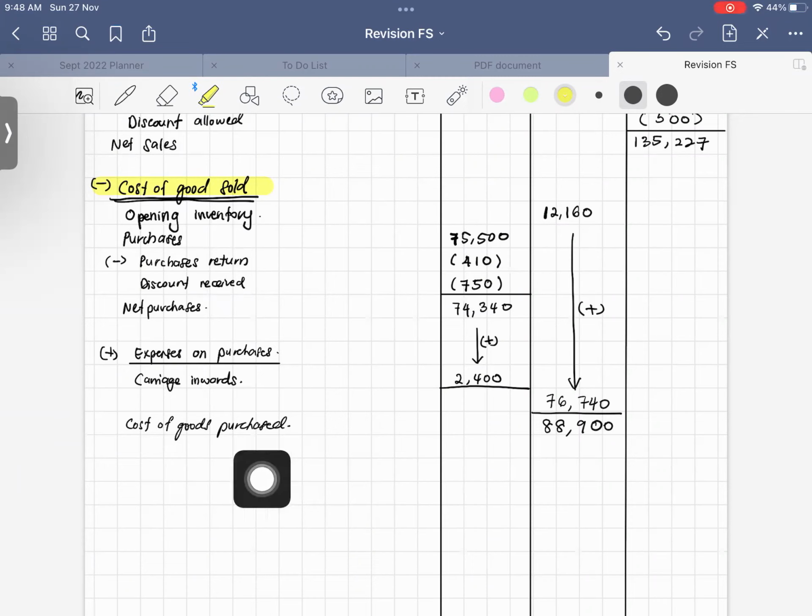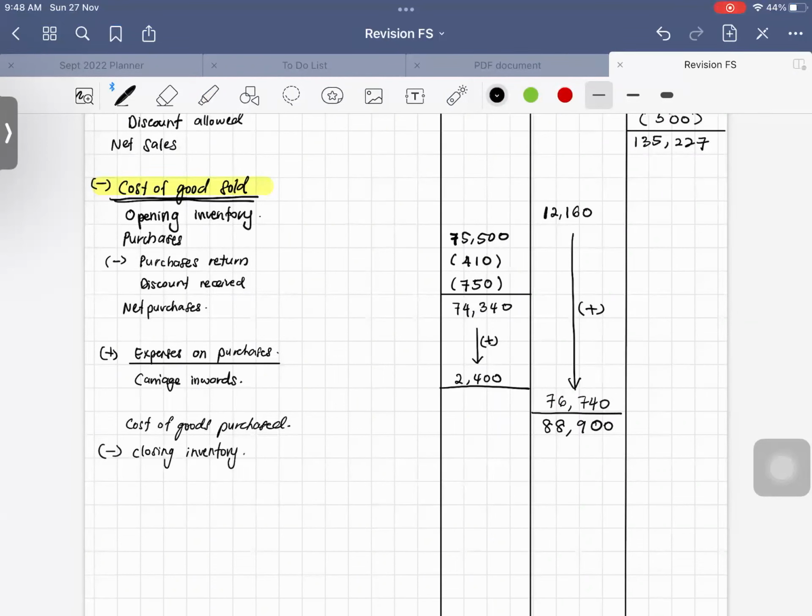Okay, so apa you need to do after you got your cost of goods purchase, you kena minus this cost of goods purchase value 8,890 ni with your closing inventory. How much is your closing inventory?